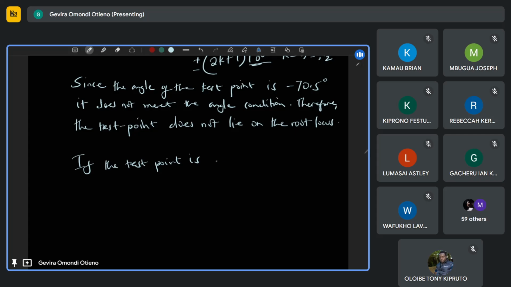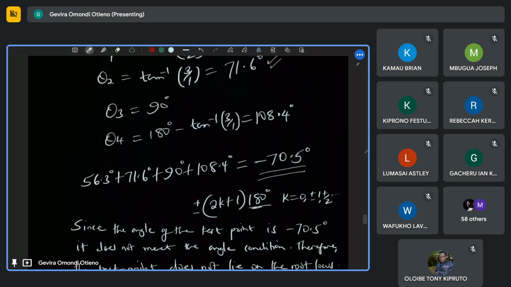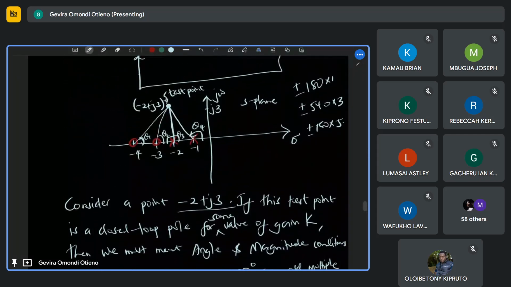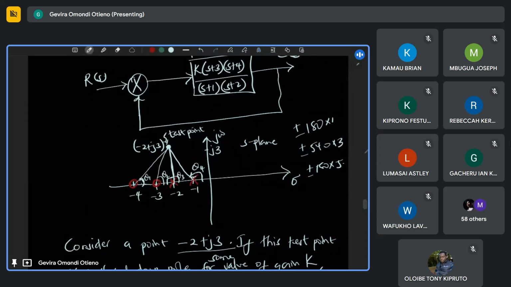The test point was given as -2 plus j root 2 over 2. Okay? So now that's the new test point. It's the same point, but now this point here has changed. Now we have root 2 over 2.